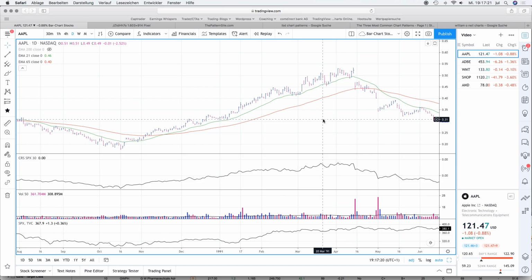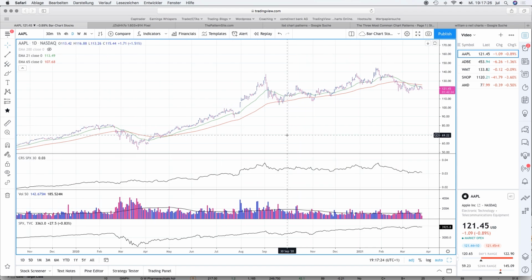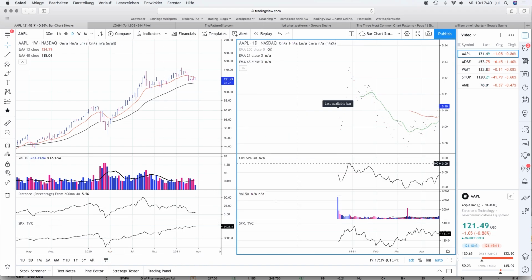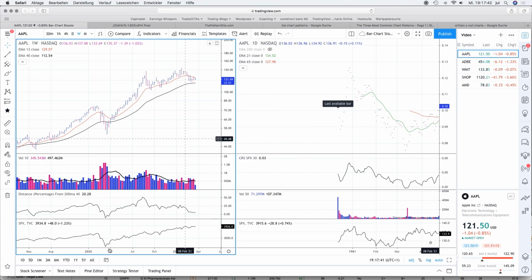And at the beginning of the video, you also saw the weekly chart here on the left side, and it's the same also in the weekly chart. So when I go back here to this go-to functionality to the first bar, I can do the same thing here on the weekly chart.